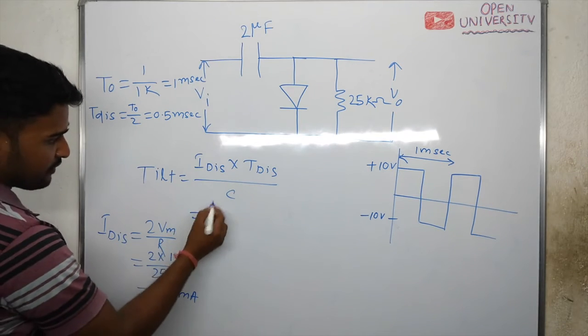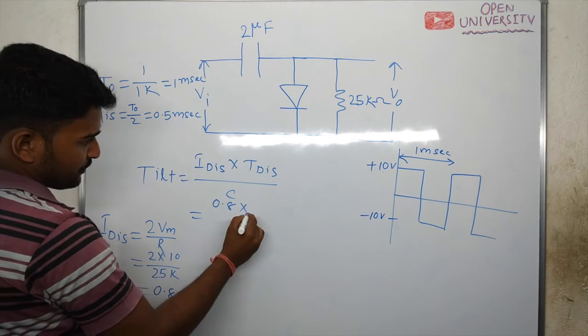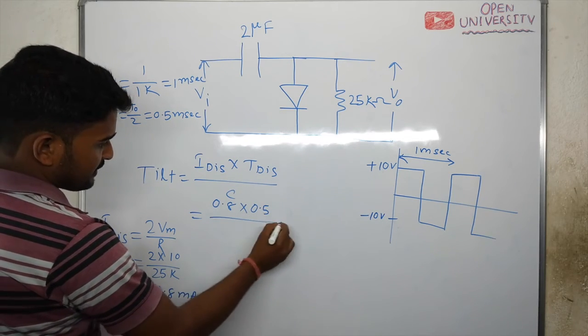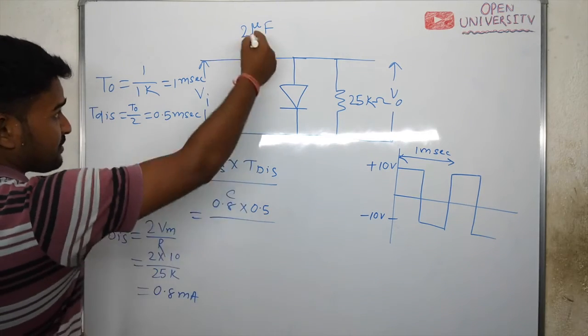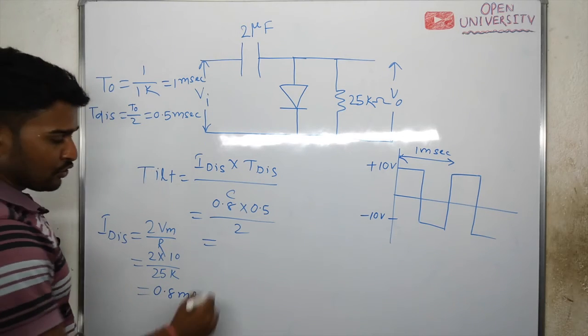Now substitute here. I discharge is 0.8 milliampere into T discharge 0.5 milliseconds, and the capacitance value is 2 microfarad. To calculate, the tilt will be 0.2 volt.